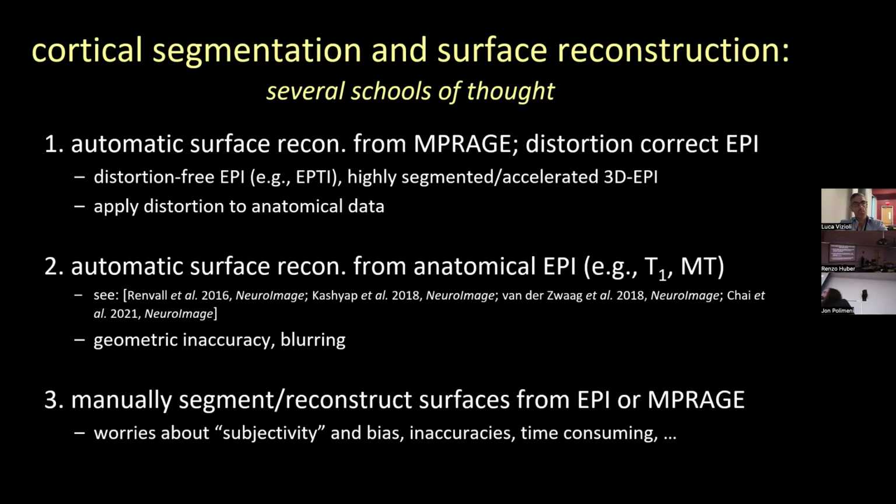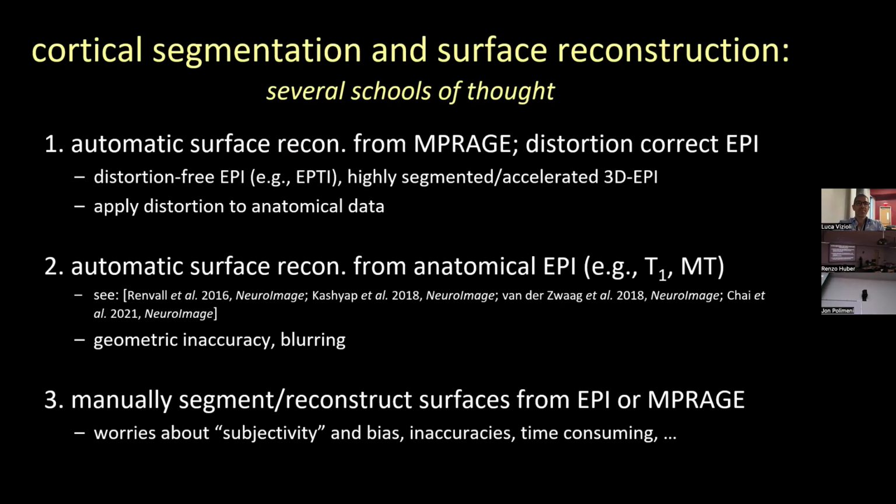Because we don't really have automatic segmentation techniques that work robustly and provide us with the necessary accuracy, many people will manually segment, literally draw the borders of the cortical gray matter, in order to reconstruct surfaces either from the EPI data themselves or from the MP-RAGE. And so, oftentimes when people really desire this kind of high level of accuracy, this is an attractive option. I think when people first start to approach this technique, they're a bit anxious about, well, am I going to get it right?